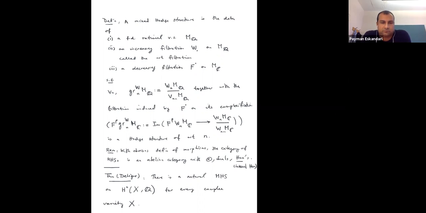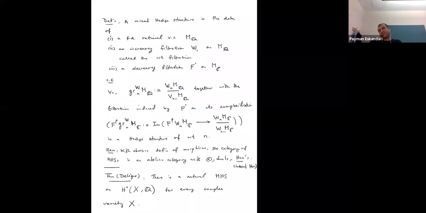So can I ask a small question? Of course, yeah. How important is it up to this point that the vector space be defined over Q? It seems like defining it over R would be enough. Yeah, you're absolutely right. You can talk about real mixed Hodge structures, and then the vector space is going to be defined over R. What I'm defining really is a rational mixed Hodge structure, but the whole talk is going to be on rational mixed Hodge structures and Hodge structures.